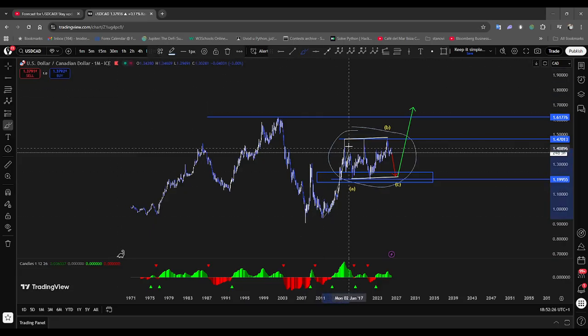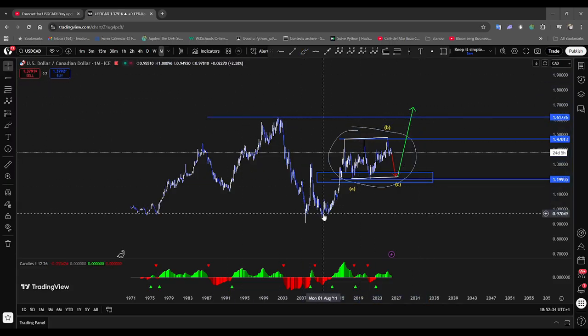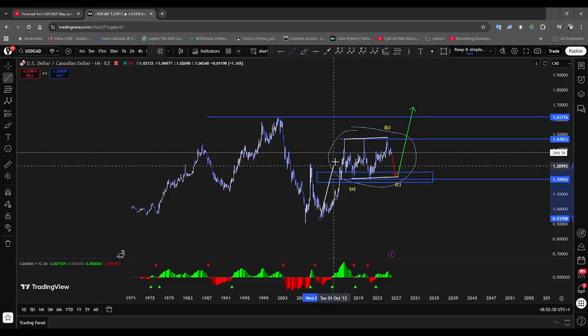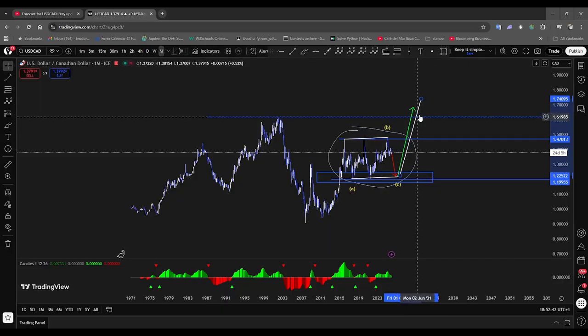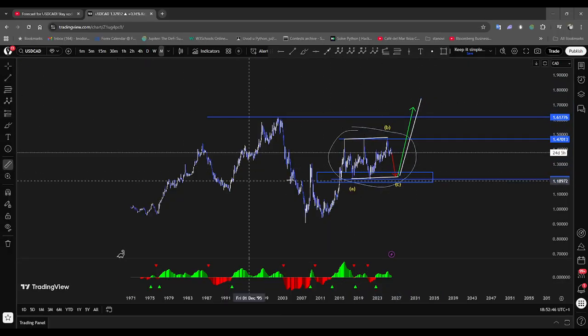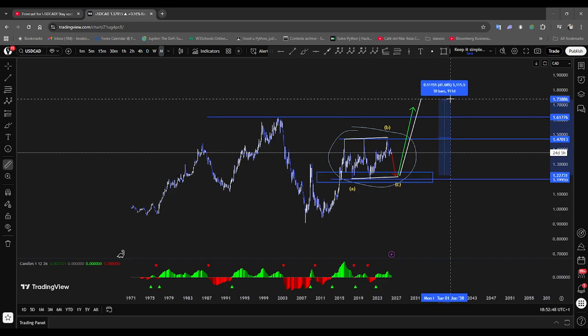You had this up move, this is the end of the correction, so the move will happen similar to this one here. This is the up move, and if we project it to here, this would give us around 5,000 pips.